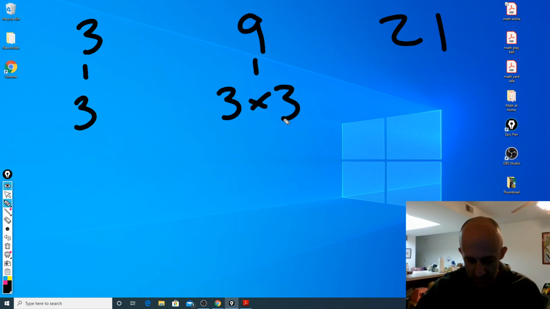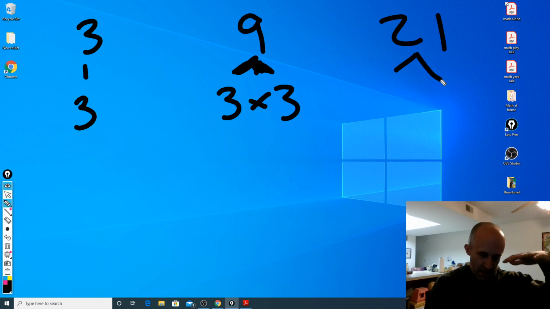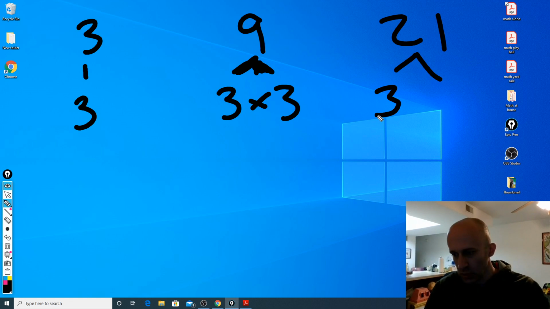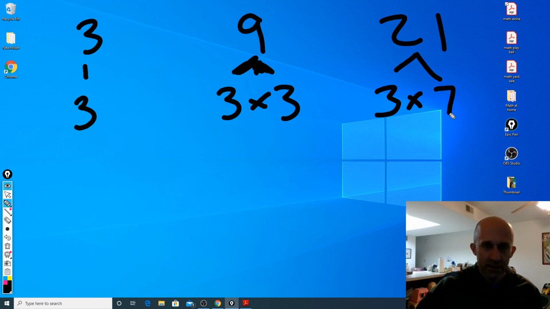And for 21, you have to find a prime number that can be divided into 21 evenly. 3 can be divided into 21 evenly. How many times? 7 times.